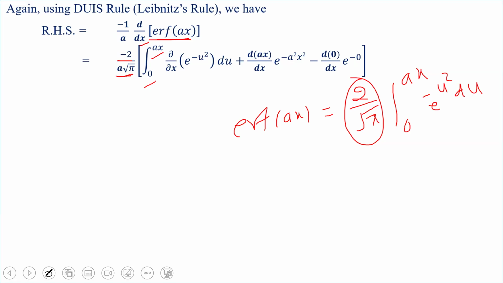So the partial derivative of e to the power minus u square with respect to x, du, plus the derivative of the upper limit ax with respect to x times the function value at ax, which is e to the power minus a square x square, minus the derivative of the lower limit times e to the power 0. The derivative of e to the power minus u square with respect to x is 0, because it is free from x. The second value is a e to the power minus a square x square, and the last term is also 0.